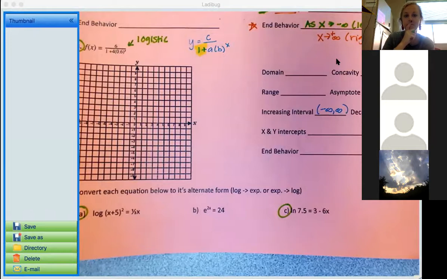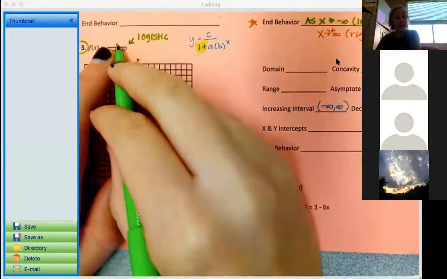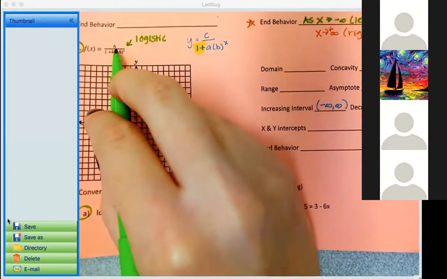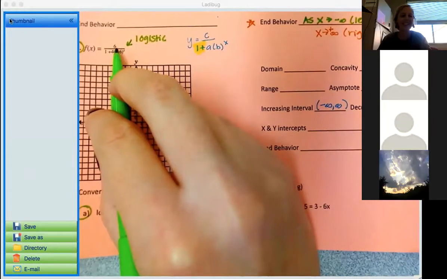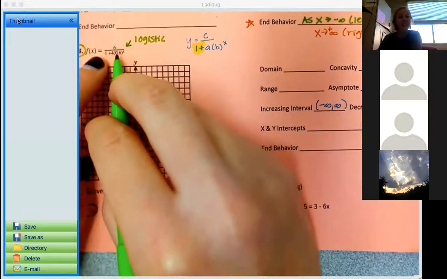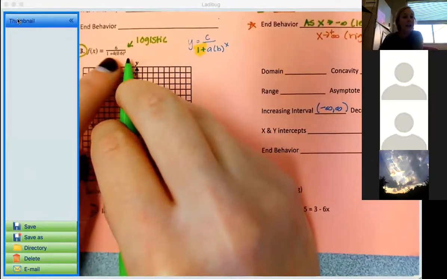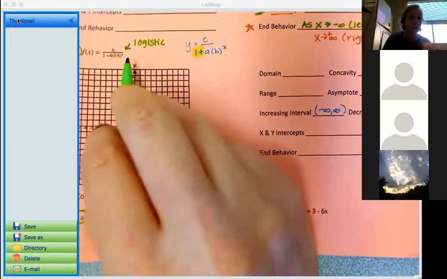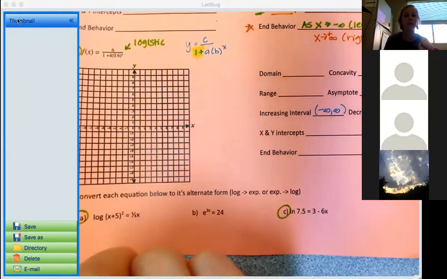One, there's like a constant over the exponential equation. Good. There's a carrying capacity. Very good. Who was that so I can give you your extra credit? Is that Kendall? Kendall. So there's a carrying capacity, and then the other reason is the exponent is x and it's in the denominator. Okay? So those are the 2 things that make it logistic.